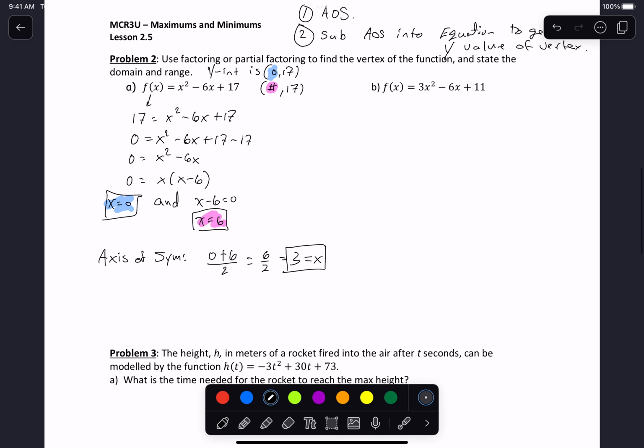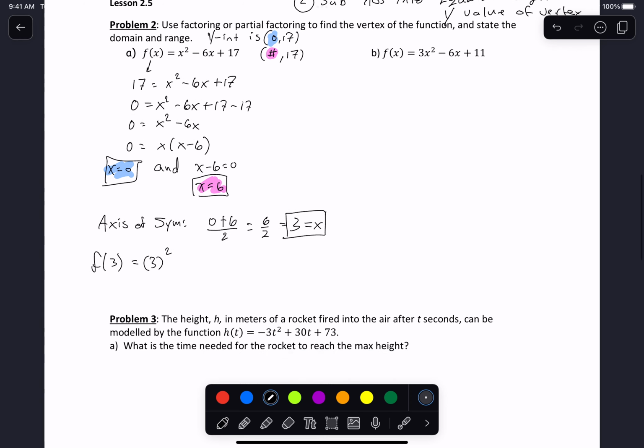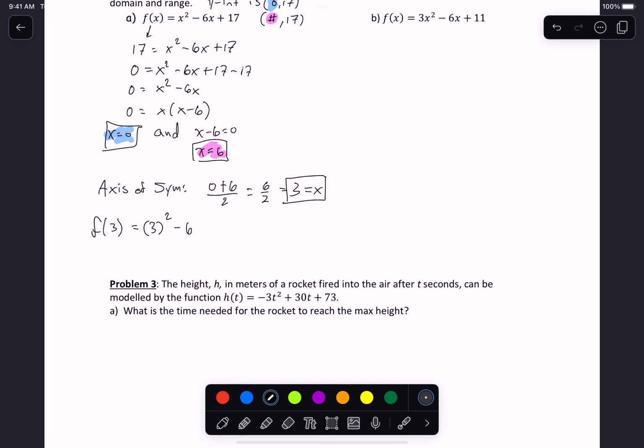Okay, and now what I'm going to do is evaluate the function and find a y value, given that I input a value of x. It's going to spit out the y that corresponds with that value of x. In this case, it's a special point. It's our vertex. So I'm going to evaluate the function at 3: f at 3 is going to equal 3 squared minus 6 times 3 plus 17.